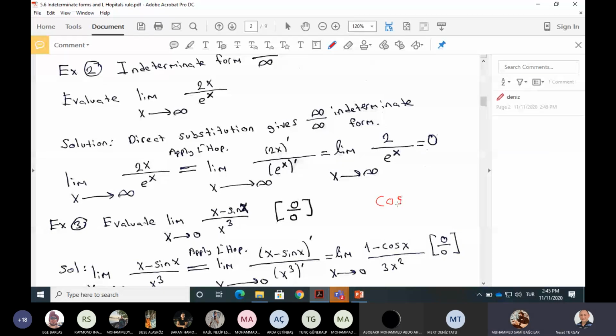Cos 0 is what? It's 1, I think. 1. Perfect. Correct answer. That's brilliant. So this makes what? 1 minus 1, 0. This goes to 0.